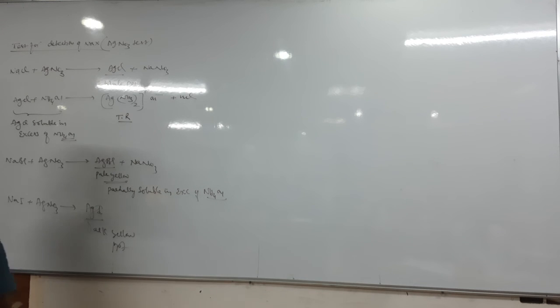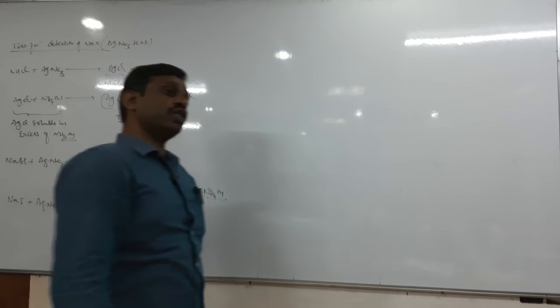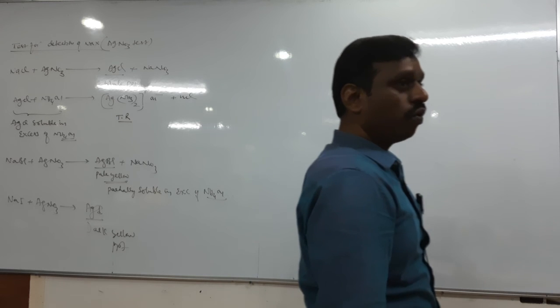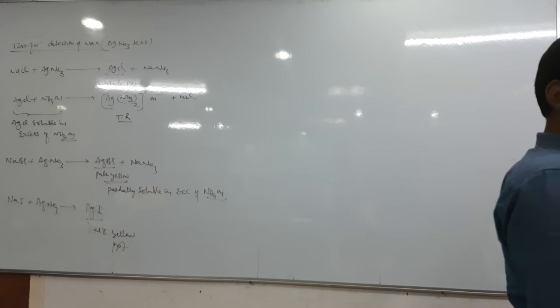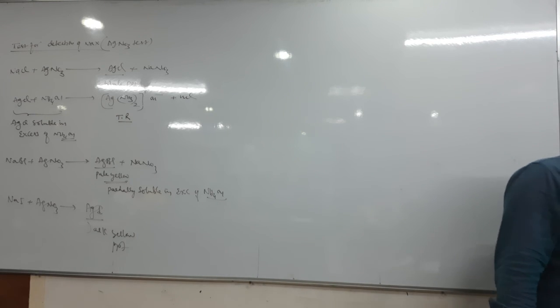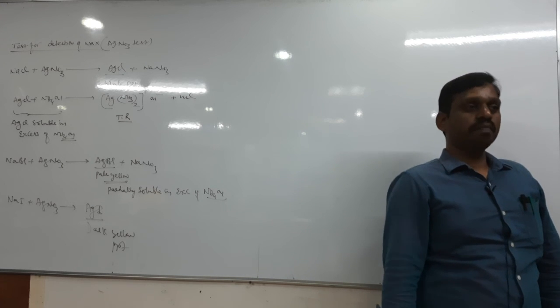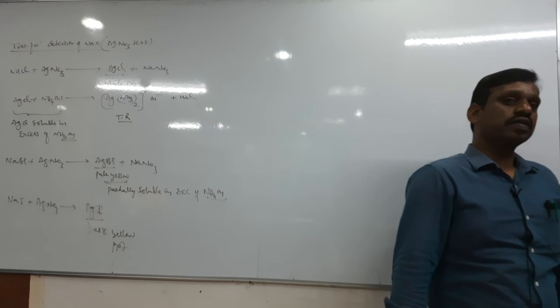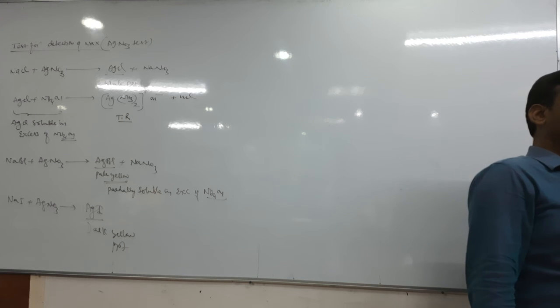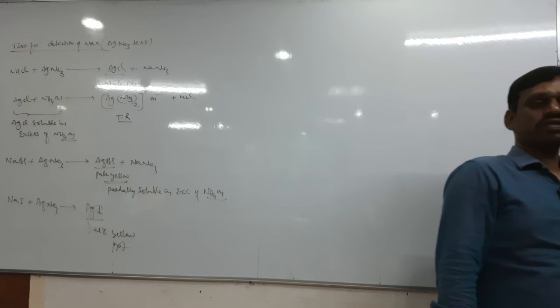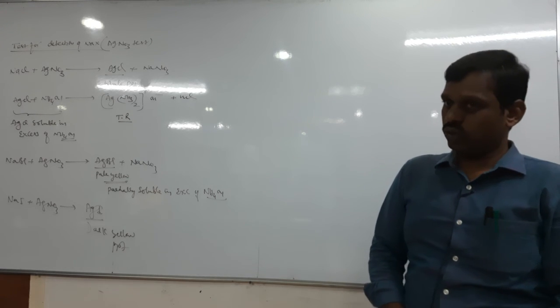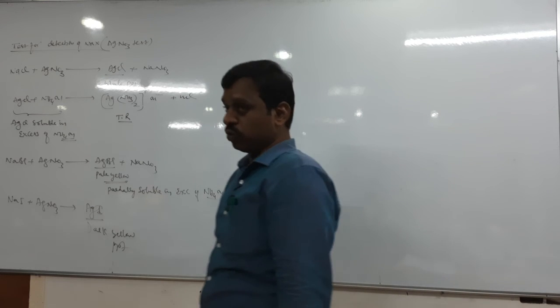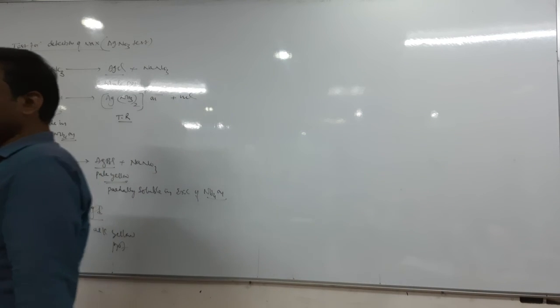Okay. Next, in the detection of both nitrogen and sulfur, what is the color of the product? Red color. Which red color? Blood red color. What is the formula? Fe(CNS)Cl2.